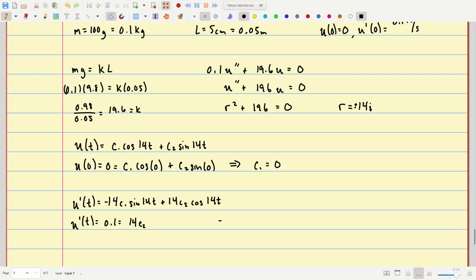And so what this tells us about C2 is that it is going to be equal to 0.1 divided by 14, which we can rewrite into a much nicer fraction. And we won't need to worry about decimal approximations on the exam, but if we were to compute it, kind of a small number.